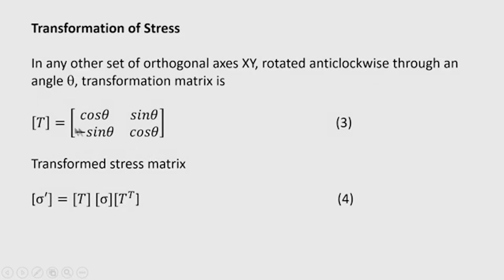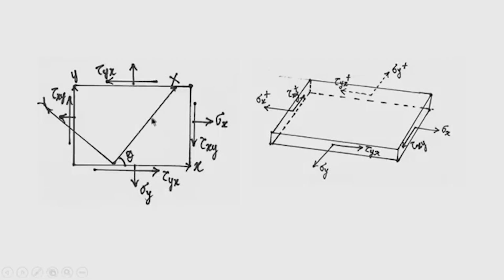With that given information, I can transform the stresses in the new directions capital X and capital Y. So, how to do this? There is a systematic procedure. The transformation matrix is given as cos theta, sin theta, minus sin theta, cos theta. It can be easily verified that the transformation matrix, based on the angular rotation, that is the angle by which the frame is rotated, can be established by writing the equations of equilibrium of all forces along the inclined plane.